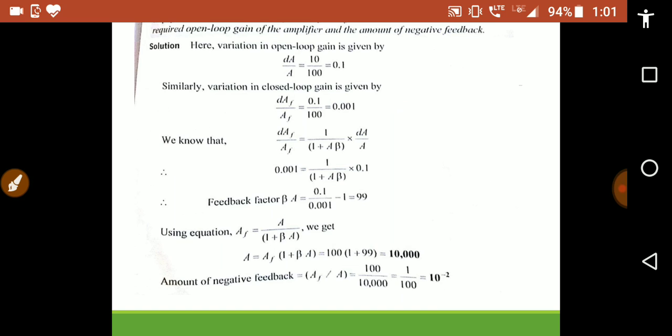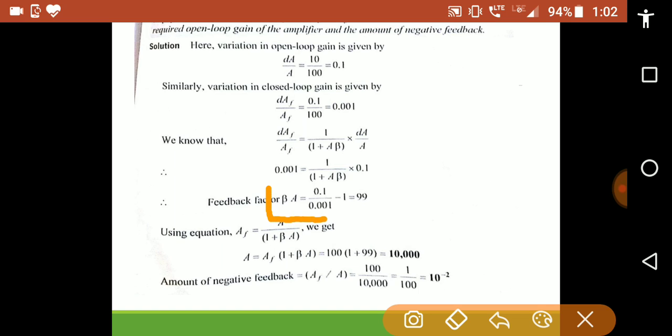Solving this equation, we have to find beta A. Beta A equal to 0.1 divided by 0.001 minus 1 equal to 99. So we have beta A equal to 99.